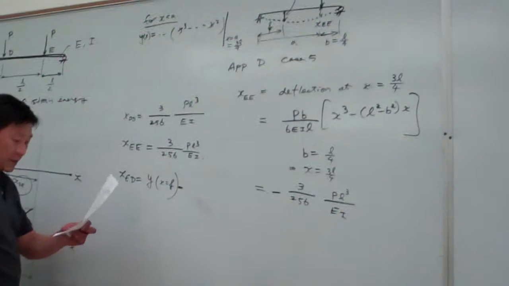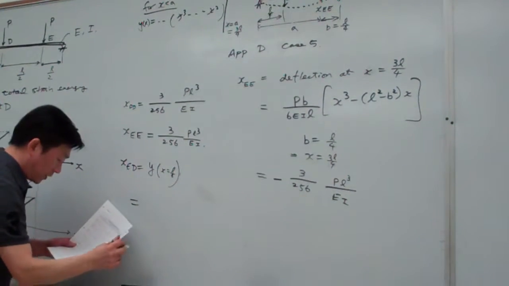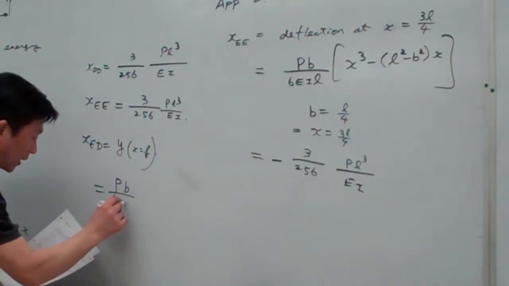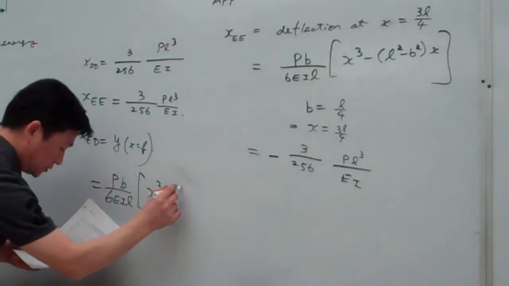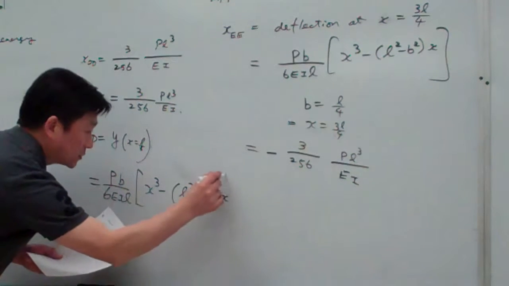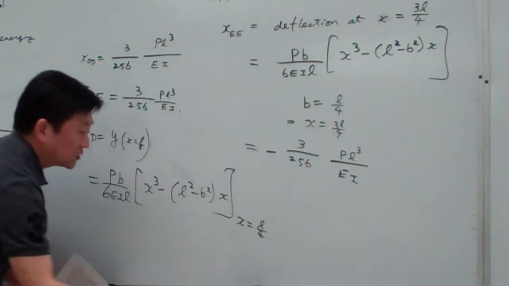And then let me copy that equation here. In the appendix equation we have PB over 6EIL times x cubed minus x squared minus b squared times x. For this case, we calculate at this number.